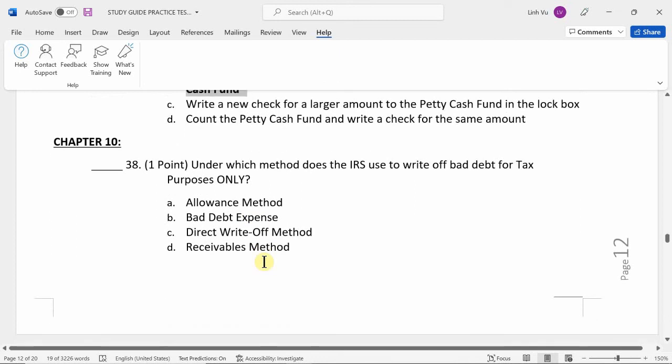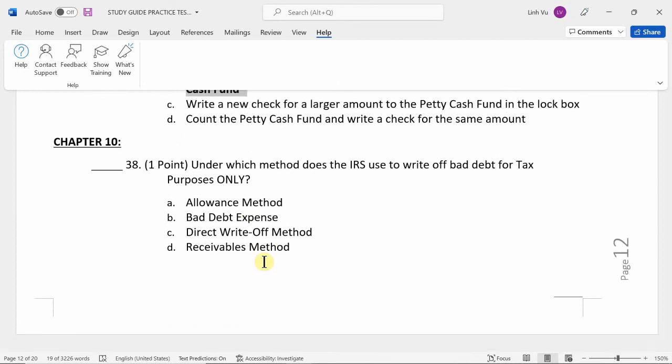All right, so moving on to chapter 10 here. Question number 38. Under which method does the IRS use to write off bad debt for tax purposes only? B, bad debt expense?